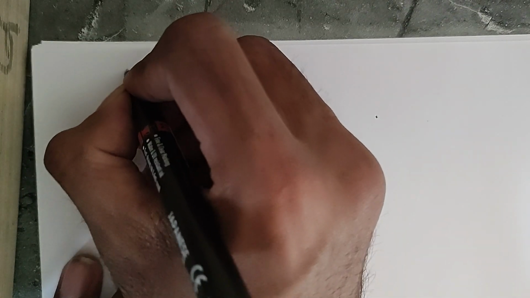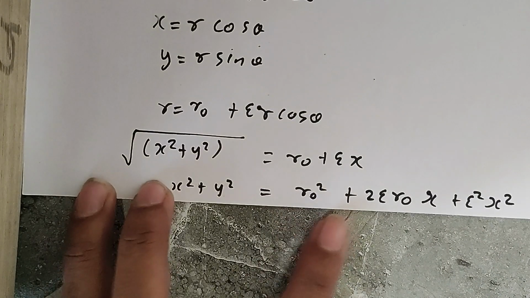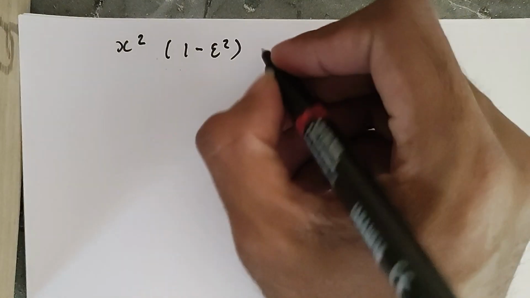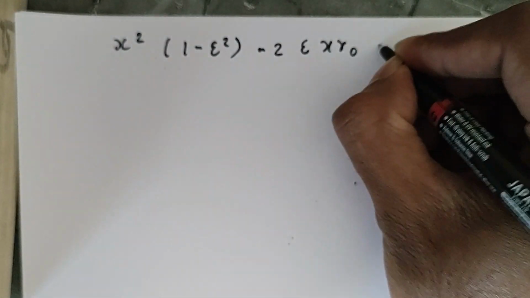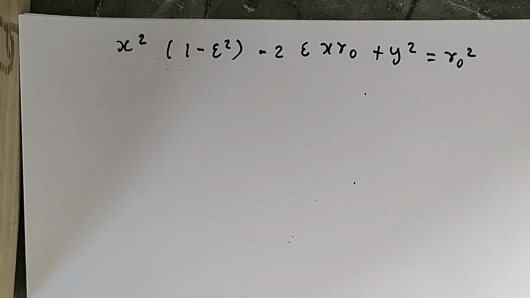Now I'm just going to rearrange this particular equation. Alright, I'm going to rearrange this equation into this format: x square times 1 minus epsilon square, plus 2 epsilon x R naught, plus y square, which is equal to R naught square.